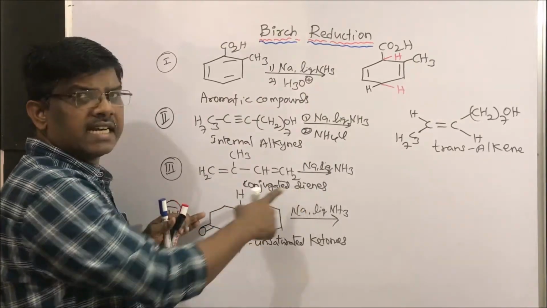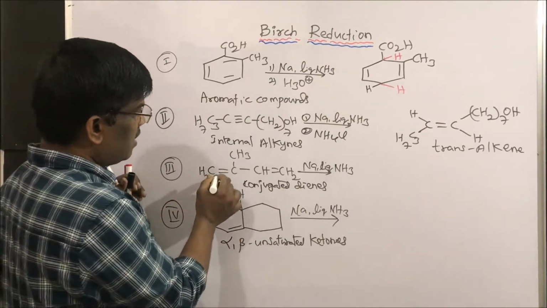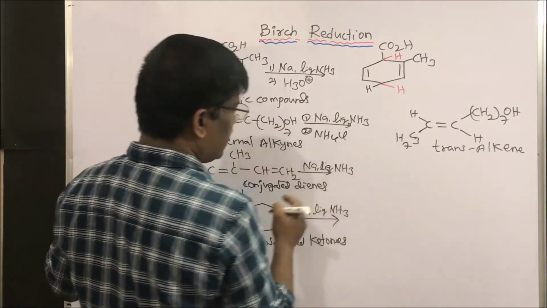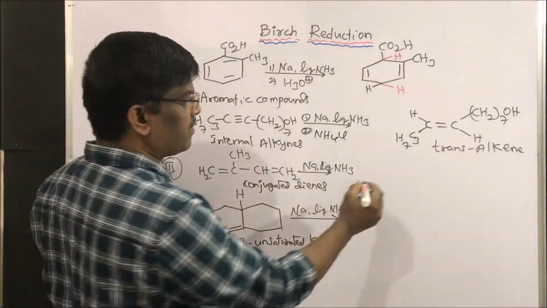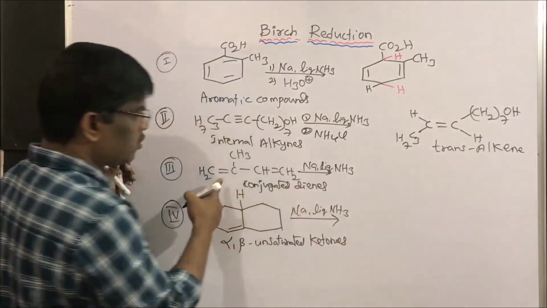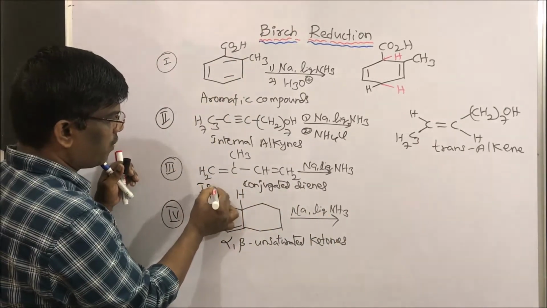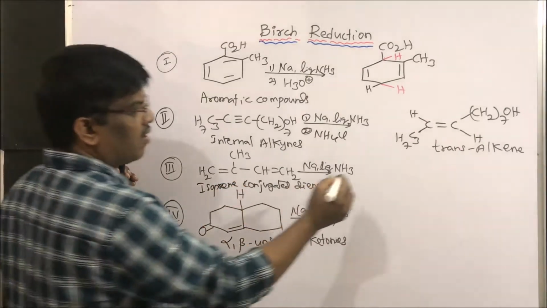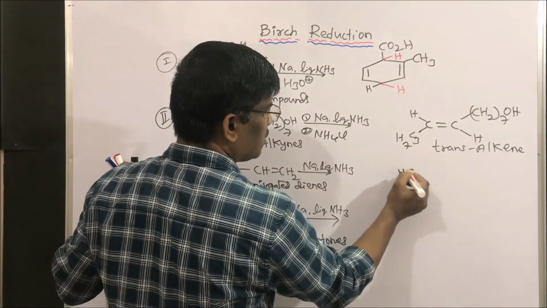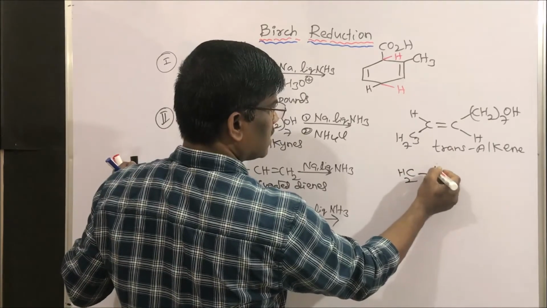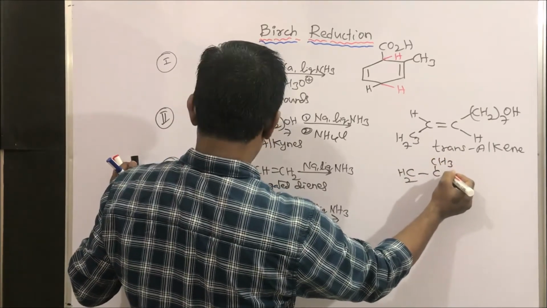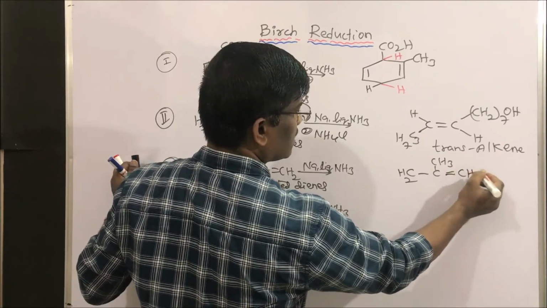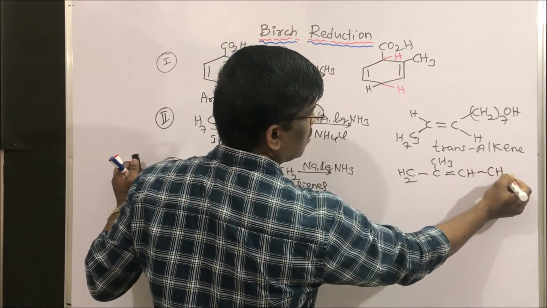Next, conjugated dienes. Right? These are conjugated dienes. So conjugated dienes upon Birch reduction give, for example, this is isoprene. Isoprene gives, what is the compound? CH2, CH3, C double bond CH, CH2.